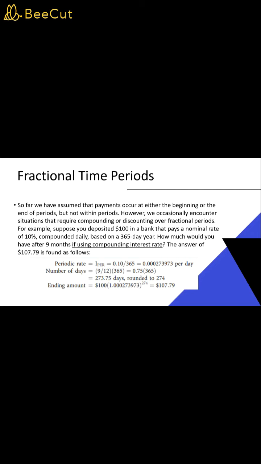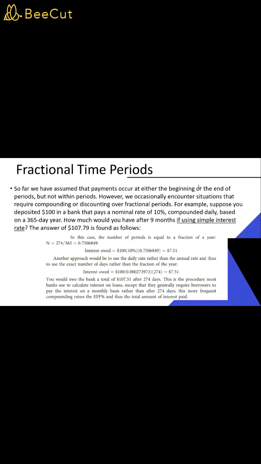So the formula is the same, but the only difference is that you are dealing with fractional time periods. Now, if you were asked to calculate the simple interest in the same example, rather than the compounded interest, you would do 100 times 10% times 0.75, which is 9 divided by 12.